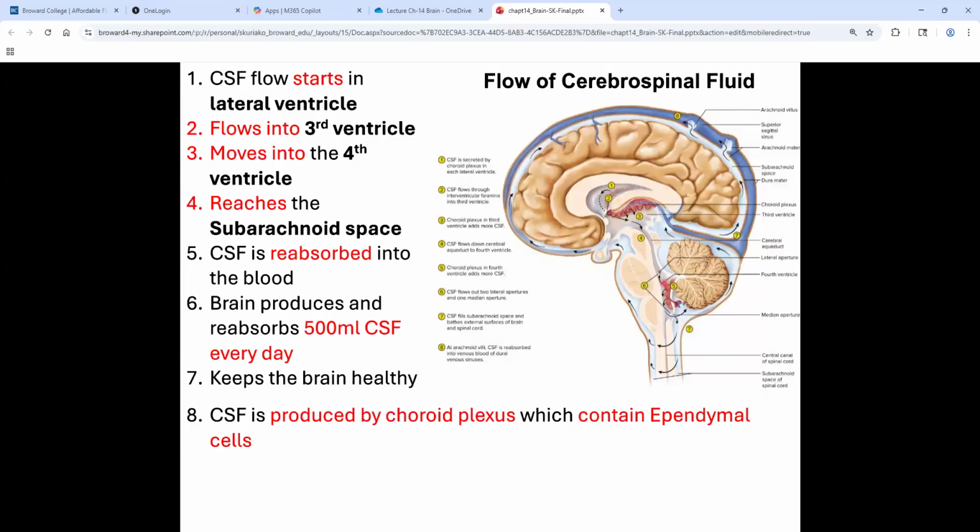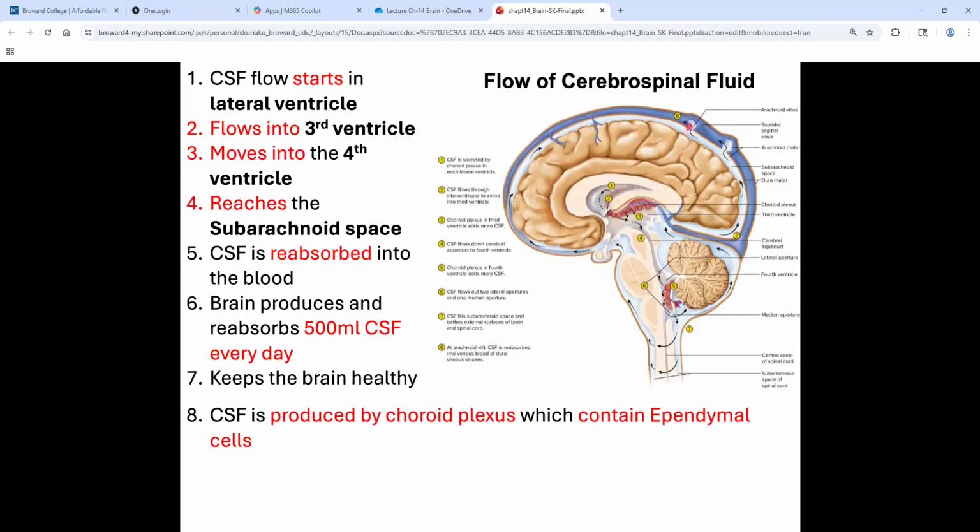And from the fourth ventricle, it goes into the subarachnoid space. And it will be reabsorbed back into the blood. So actually it goes like this. It goes through here, and there are the arachnoid granulations, which absorb it and push it into the veins. This is a great vein which is surrounding the brain. This is called the superior sagittal sinus.